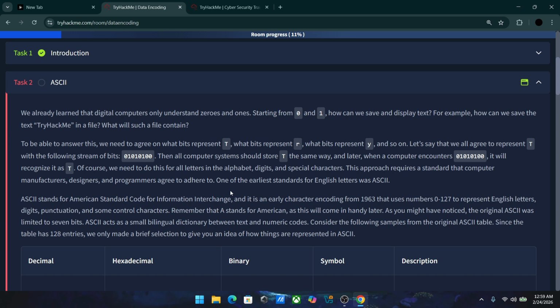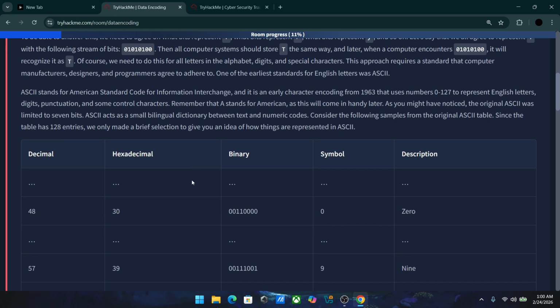One of the earliest standards for English letters was ASCII. ASCII stands for American Standard Code for Information Interchange, and it is an early character encoding from 1963 that uses numbers 0 to 127 to represent English letters, digits, punctuation, and some control characters.